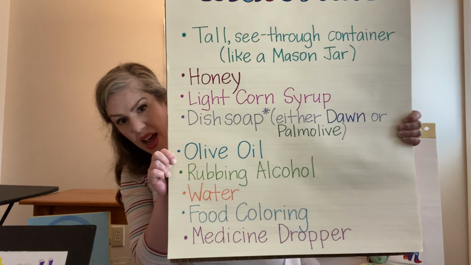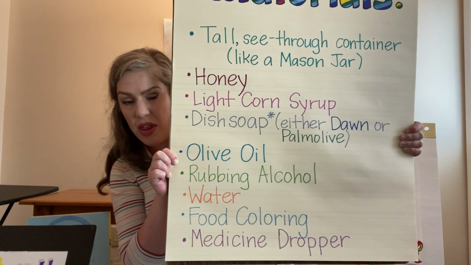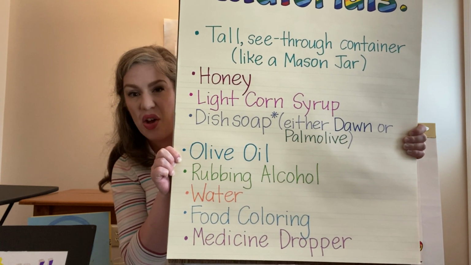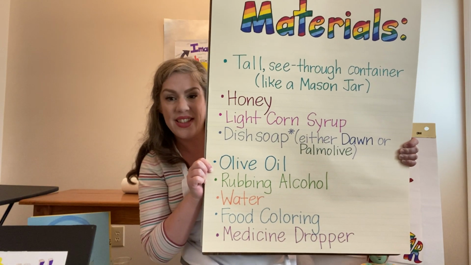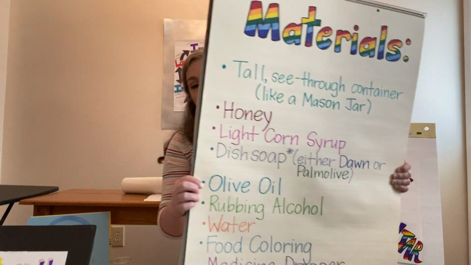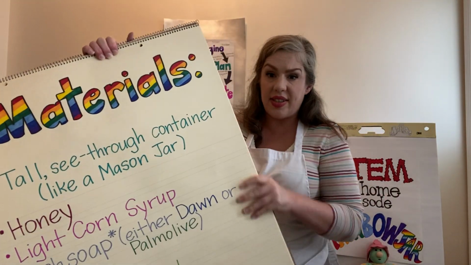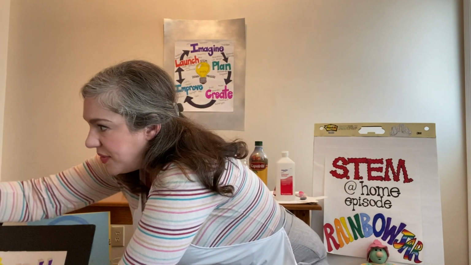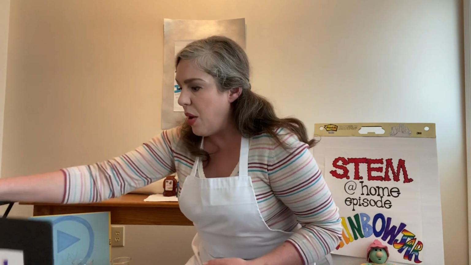So I know this is kind of a long list, so you might want to pause right now on the video and write this all down. Okay, here's your materials. Now I'm going to put this to the side. You'll be able to still see the materials that we're using because they're all back here behind me. So behind me, I have everything all set up.